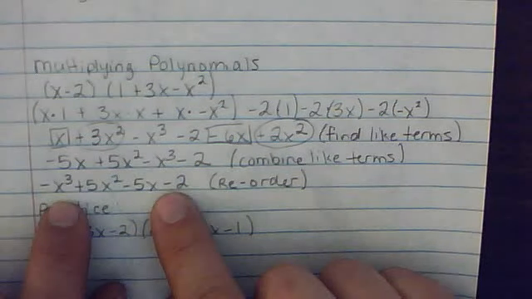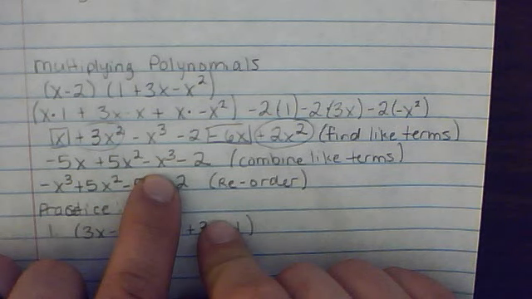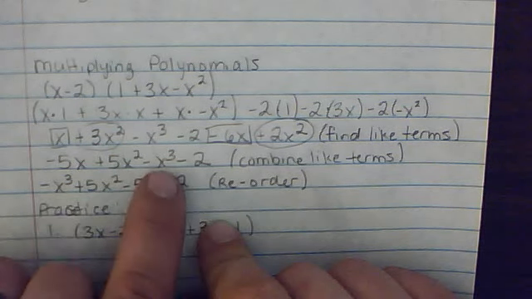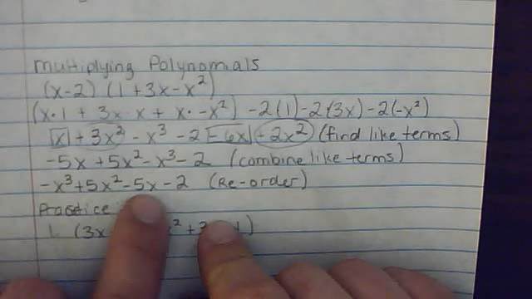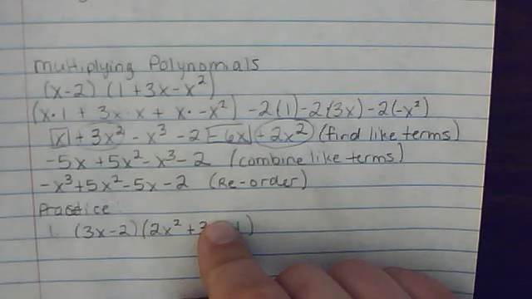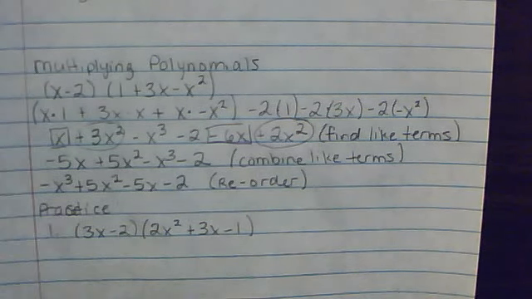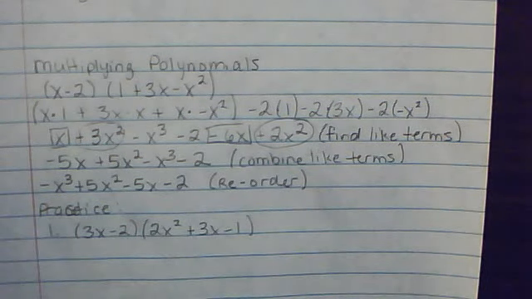And I just reordered these at the very end so the one with the highest exponent went first. So x cubed went first, 5x squared second, negative 5x third, and the negative 2 stayed at the end. The reason we're reordering them is because that's usually the order you'll see them in whenever we do factoring, which is the next concept we're going to cover.